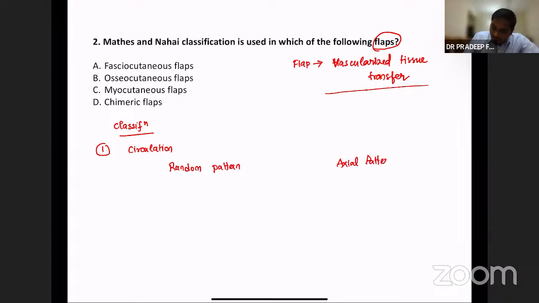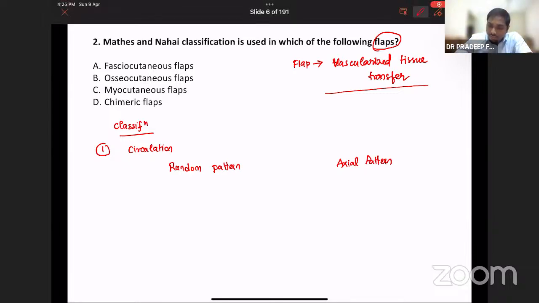I'm not going into the details of all these flaps. I'm just going to make it very easy for you to understand. So what is a random pattern flap? The flap is based on any unnamed vessel.